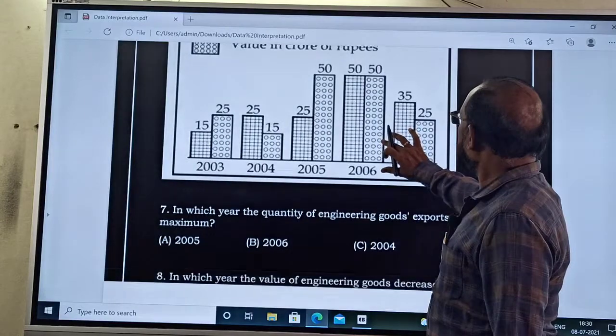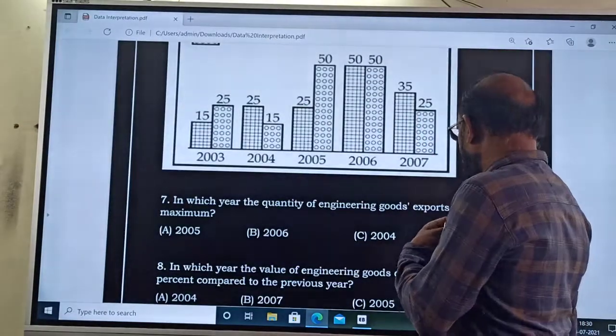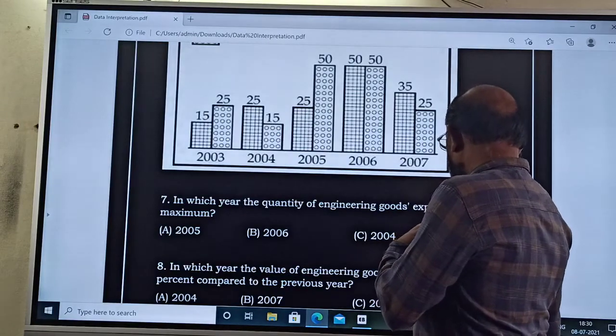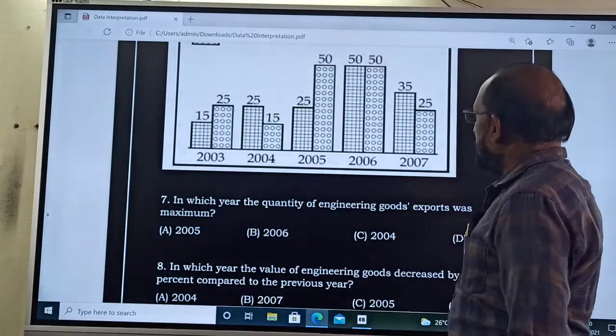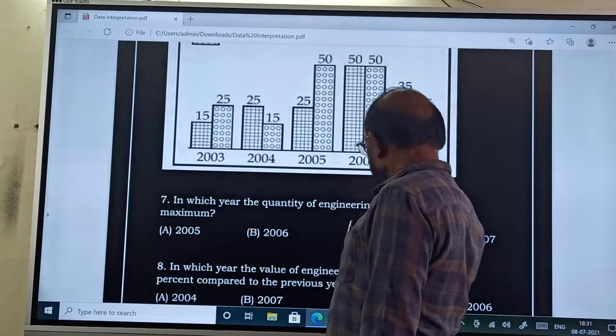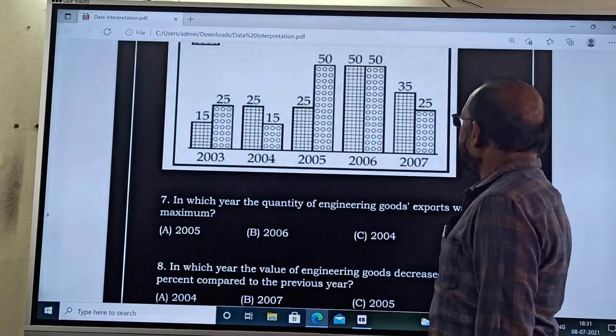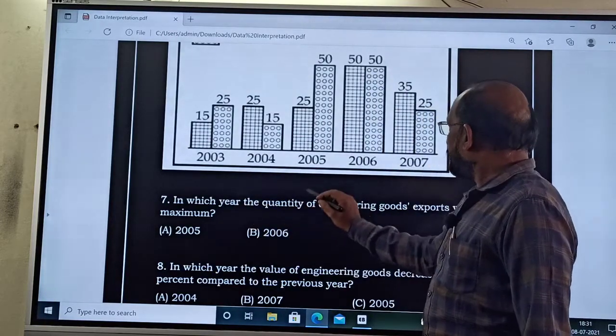In which year was the quantity of engineering goods exports maximum? 2006. In 2007 it is 35 lakhs. But here, in which year is the quantity maximum? 50, in 2006, sir.